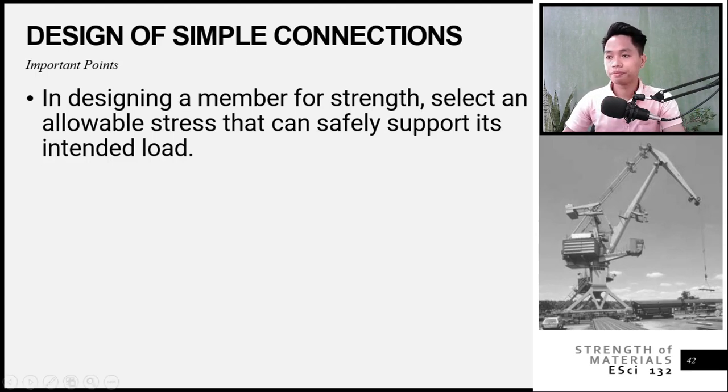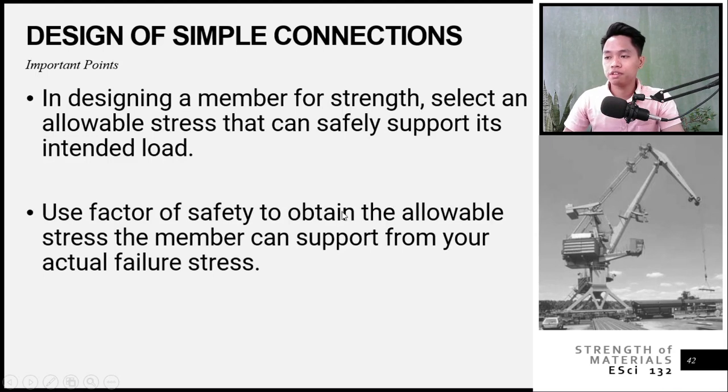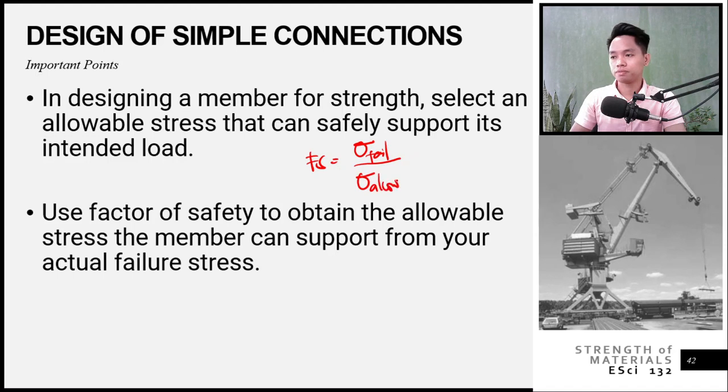Okay, given na siya. So, use a factor of safety to obtain the allowable stress, then the member can support from your actual failure stress. Now, if you have the allowable, again, the same happens using the equation. If you have the allowable, you're just going to use this equation. Say, for example, normal stress fail, and then your normal allowable.